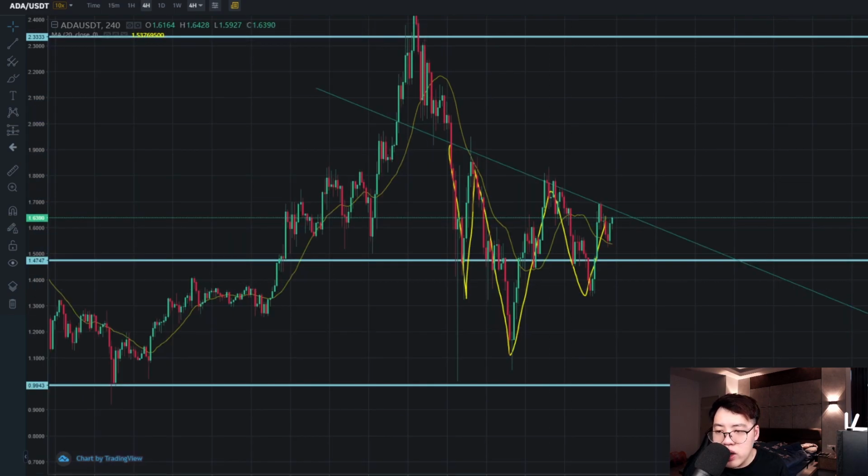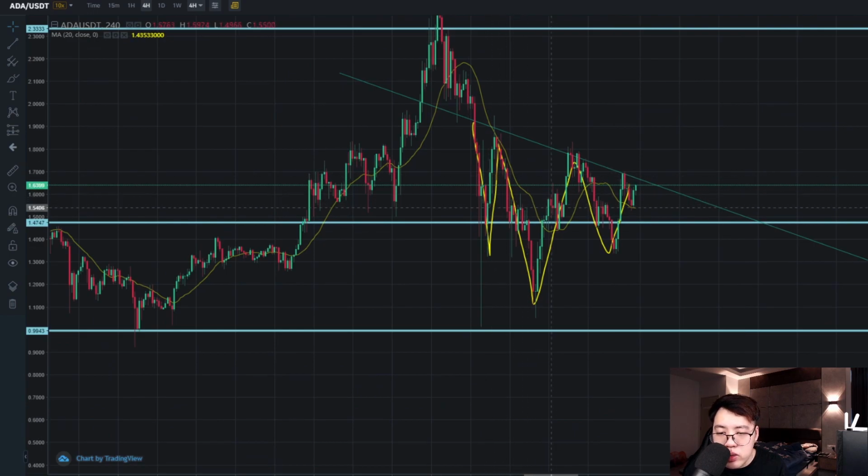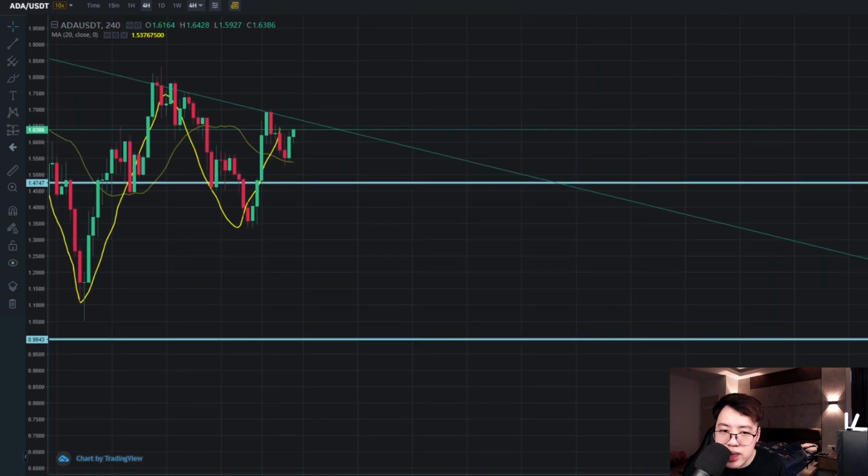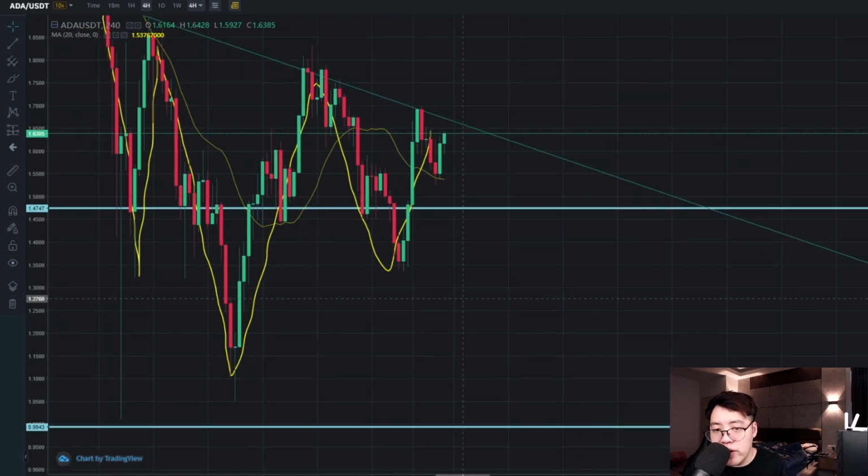What you need to take note of is that the moving average line has already been broken, and right now it's staying above this moving average line. Let me zoom out a little bit. Like I said, the moving average line also acts like support and resistance. Whenever it fails to break below the moving average, you will see a very strong bounce all the way up from it.